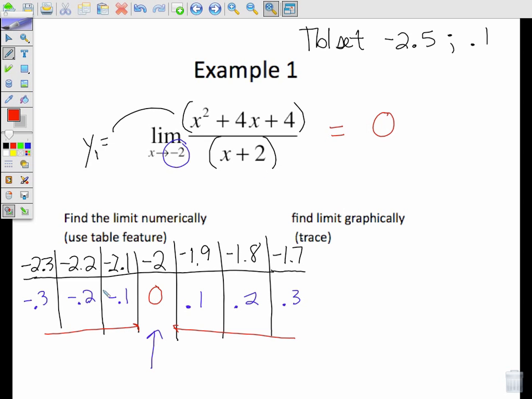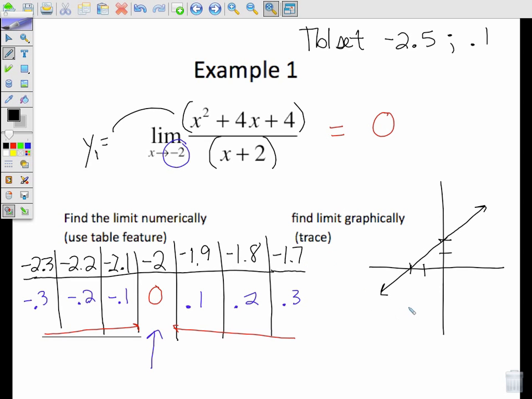Now, to find the limit graphically, you should have your function already in your calculator. So go ahead and push graph. Zoom 6 would probably be the best for us. And what we can see here is that our graph looks like this. So the question is, what's the result by looking at the graph as it approaches negative 2?